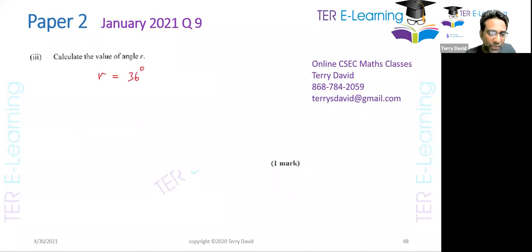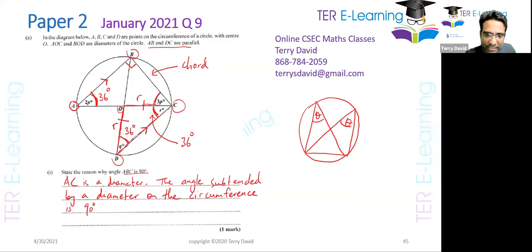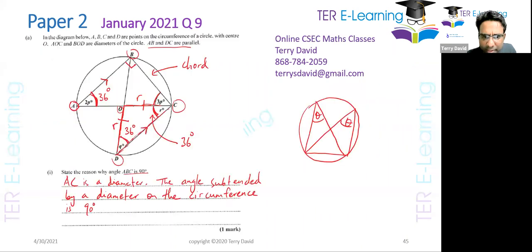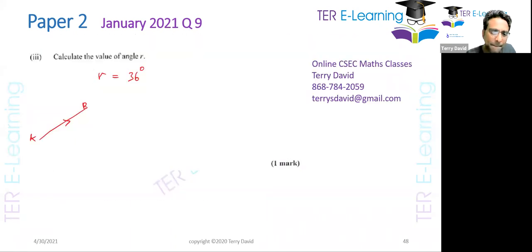So like I said, you can consider the isosceles triangle, and therefore Q has to be equal to R, which is 36 degrees. We can also use the fact that, so let me show you what I'm talking about. So this is AB, and this here is DC.